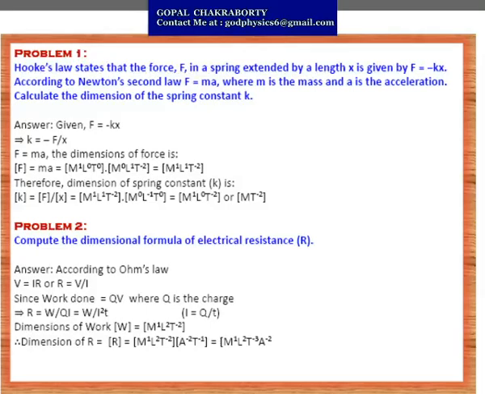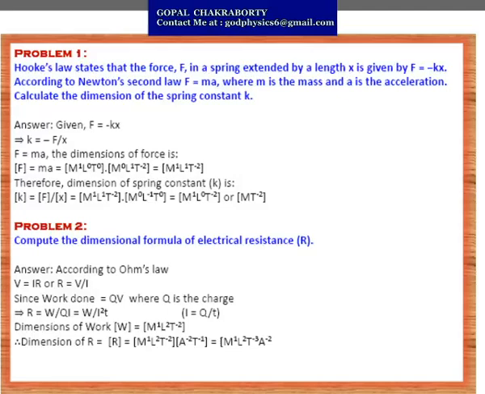So F equals m into a. The dimension of mass is [M to the power 1 L to the power 0 T to the power 0]. Something to the power 0 represents 1. And the acceleration is [M to the power 0 L to the power 1 T to the power minus 2]. So combining these two will give you M to the power 1 L to the power 1 T to the power minus 2.